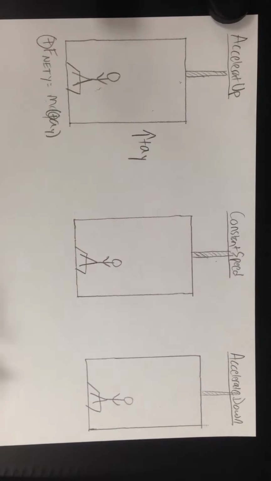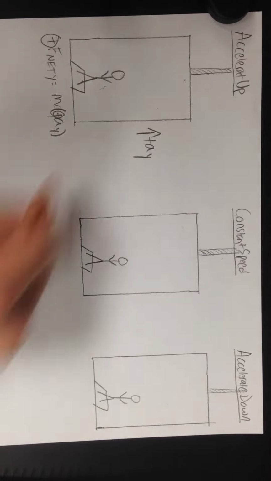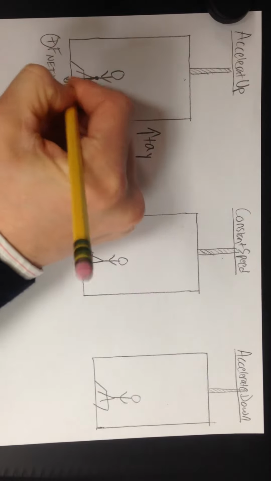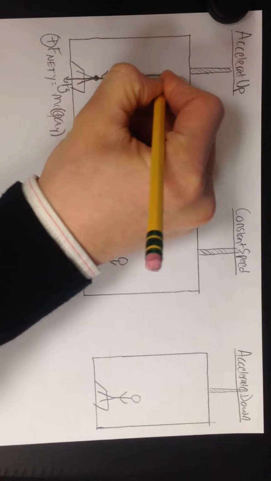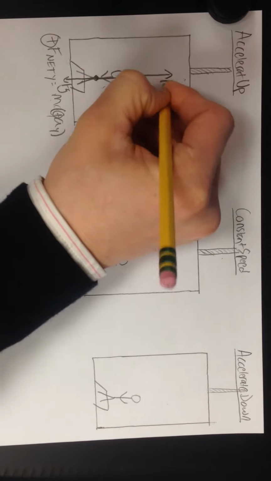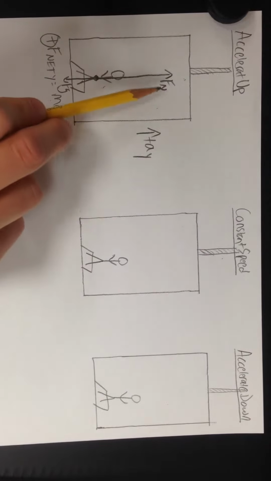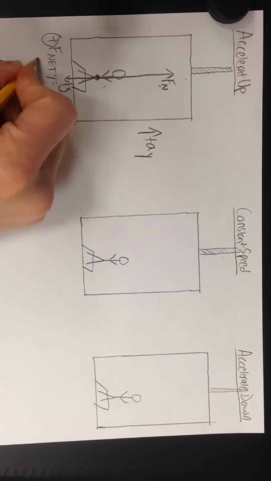Positive a_y, positive net force. So when I look at Fg and Fn, the net result of those needs to be a positive number. So when I accelerate up, Fn needs to win to get me to speed up upwards. Fn needs to be greater than Fg.